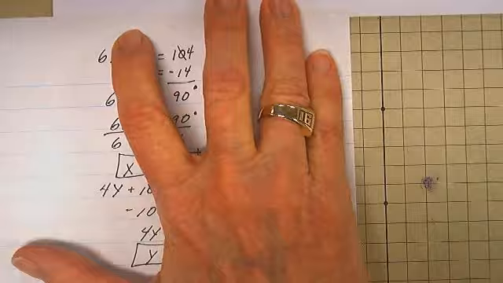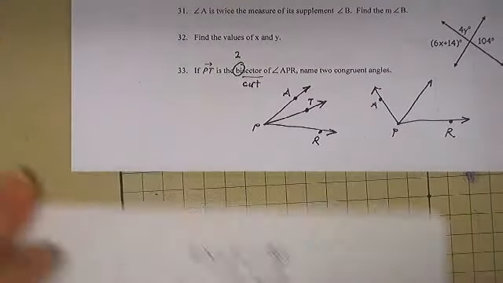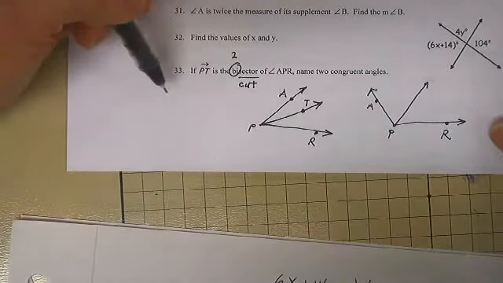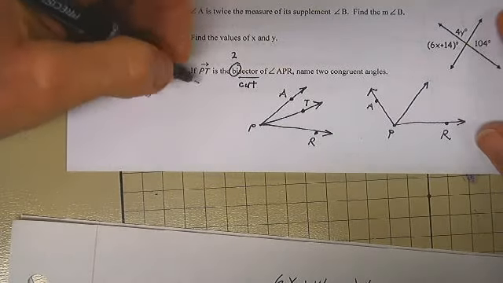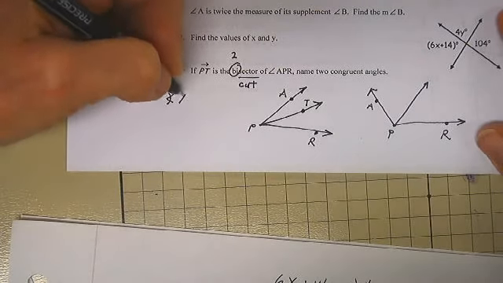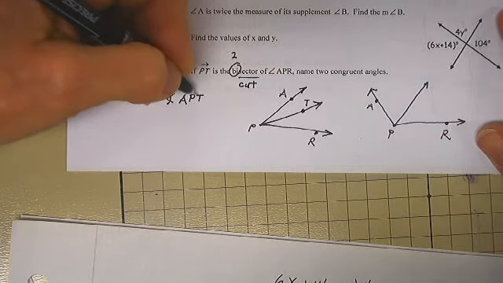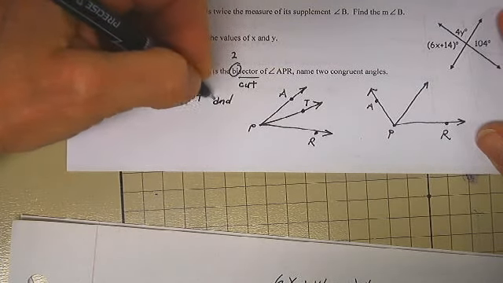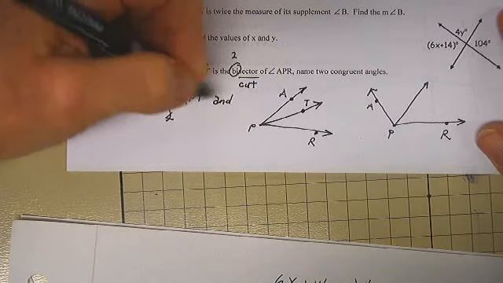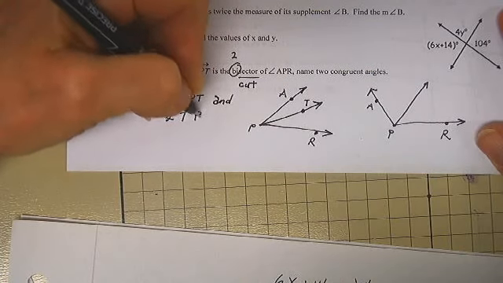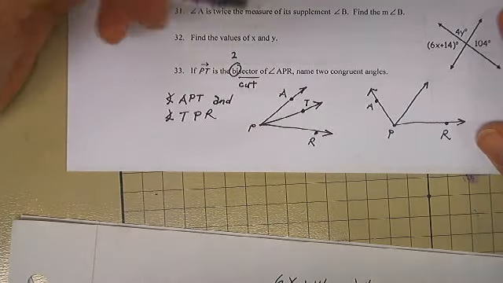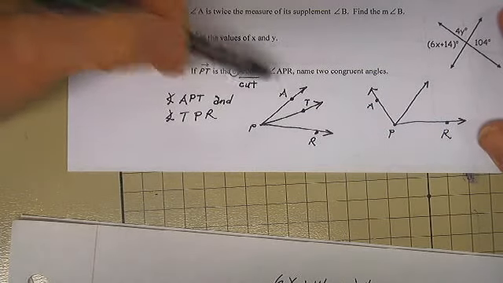So two congruent angles are angle APT and angle TPR. The trick in this problem is drawing the picture.